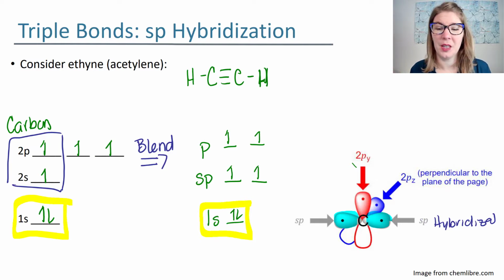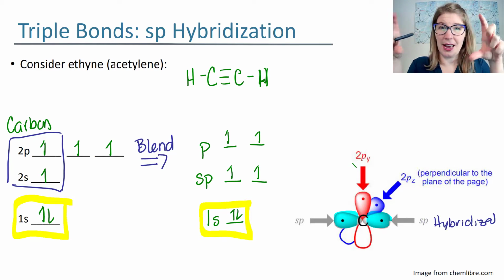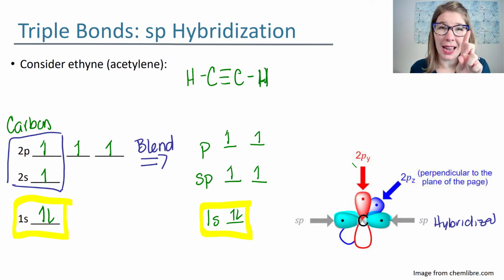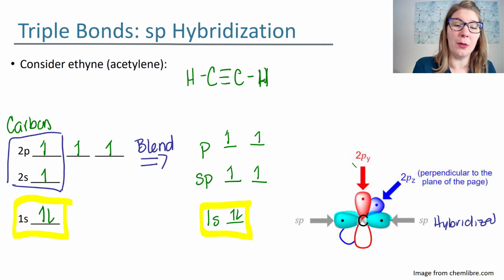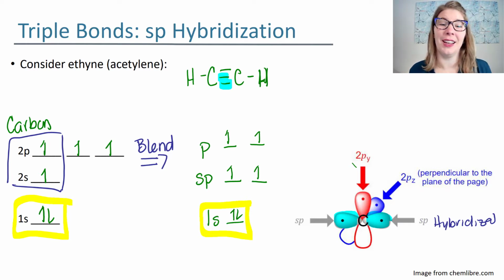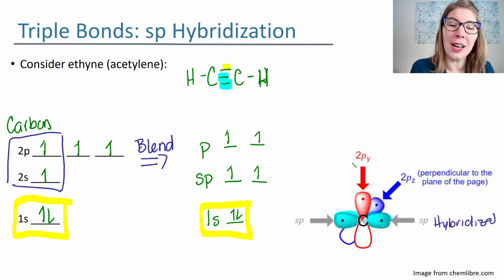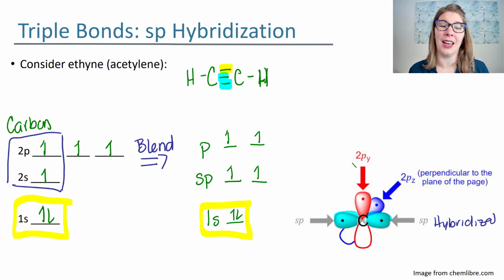one another. What ends up happening is whenever you have a p orbital on one atom and a p orbital on another atom and they overlap, that's one pi bond. But now you have two p orbitals. You can have two areas of overlap. That's where you get the fact that you have two pi bonds and one sigma bond for your ethine.